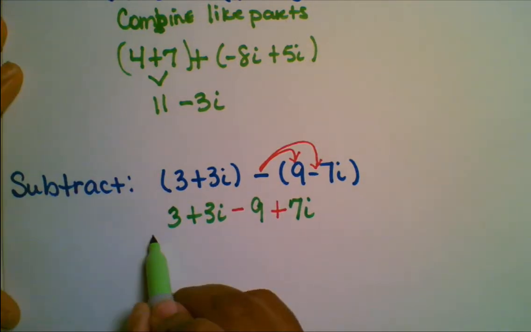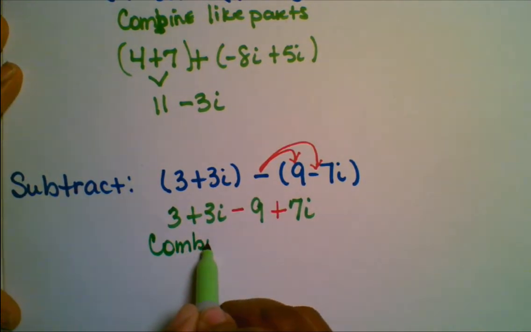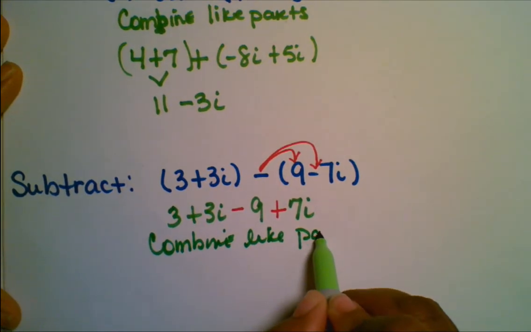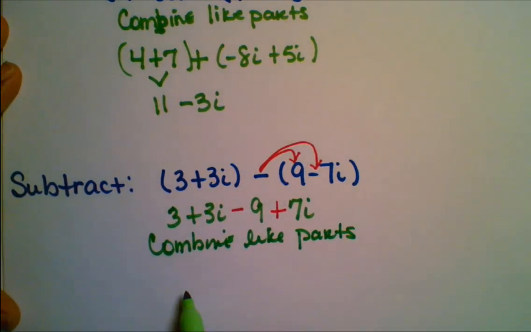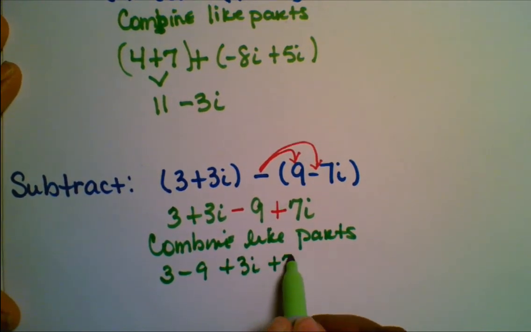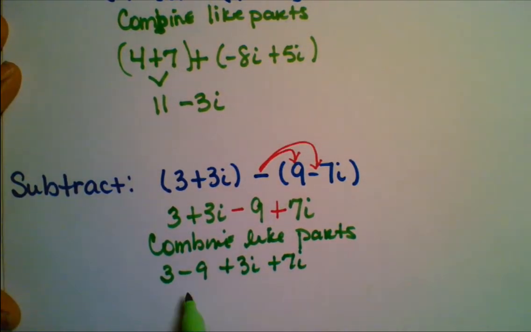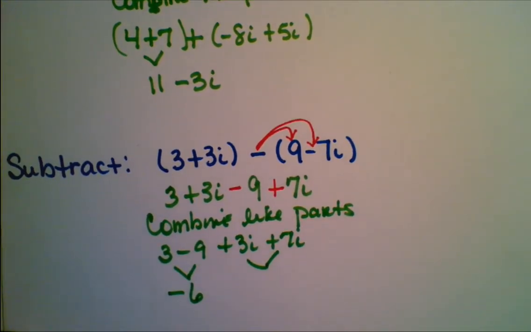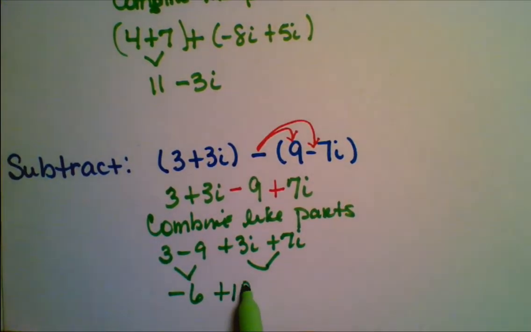Then combine like parts. 3 minus 9 plus 3i plus 7i. 3 minus 9 gives us negative 6. And then 3i plus 7i, 10i.